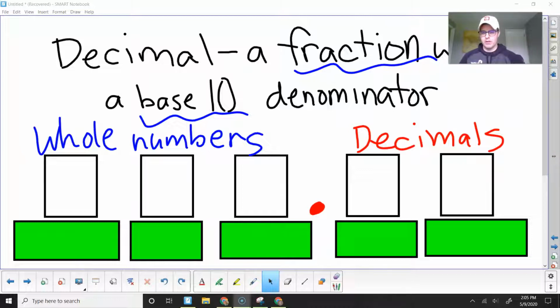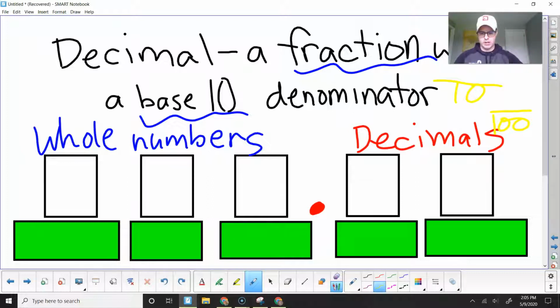Go ahead and read that out loud. Okay, let's read it together. Ready? A fraction with a base 10 denominator. So far, we've learned tenths, so that's a fraction out of 10. And we talked about hundredths, a fraction out of 100.